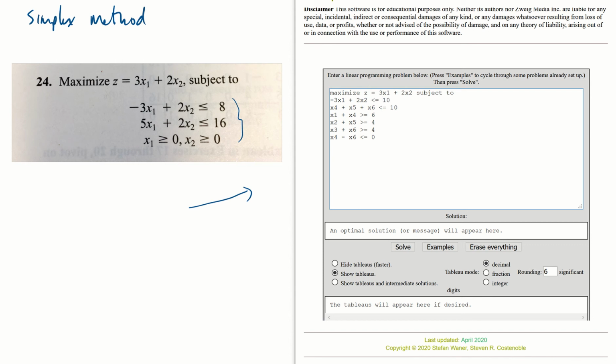Then we have 5x1 plus 2x2 less than or equal to 16, so make sure you get the less than or equal to. And x1 and x2 are positive. You don't need to put those in because the tool makes that assumption. So I'm going to solve it.